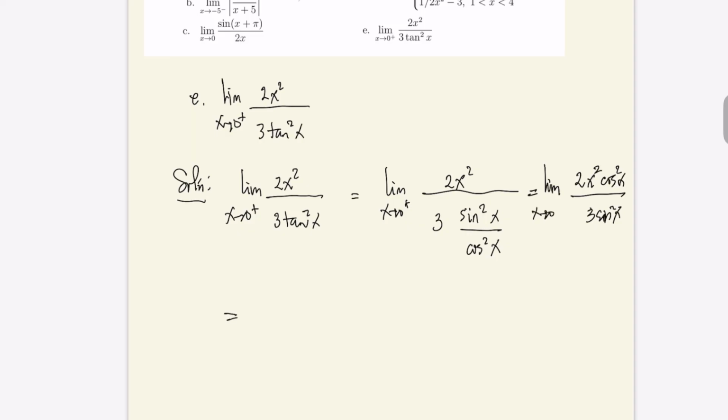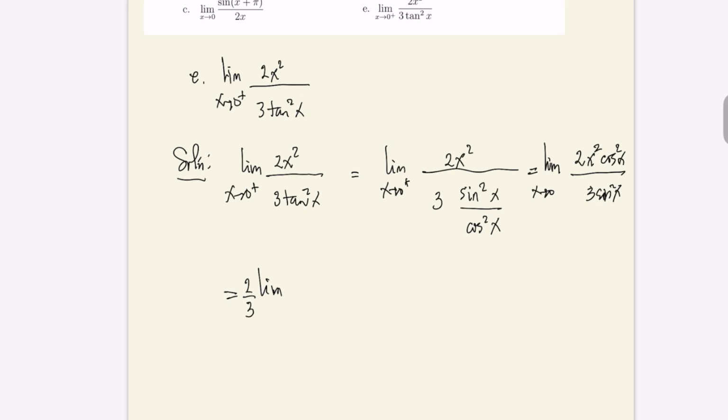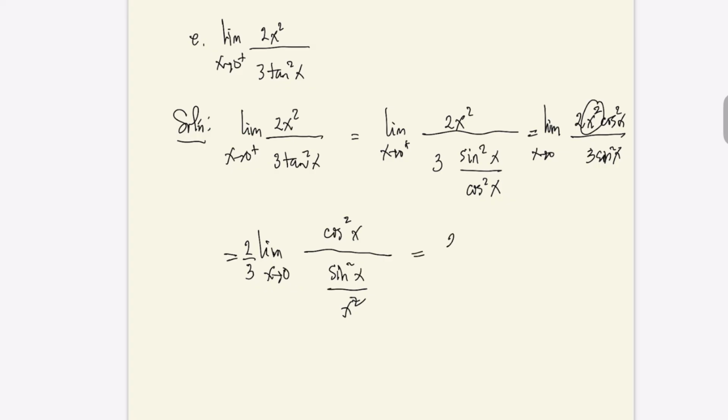The nice thing here is that I can take out the 2 and 3, so it becomes 2/3. And the denominator becomes cosine squared x over sine squared x over x squared, as x approaches 0. So this is equal to 2/3.